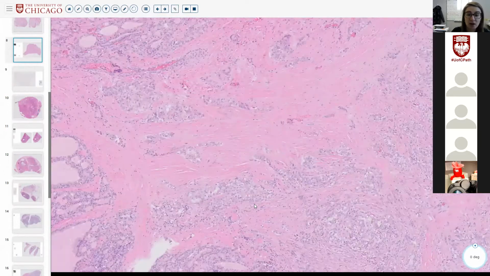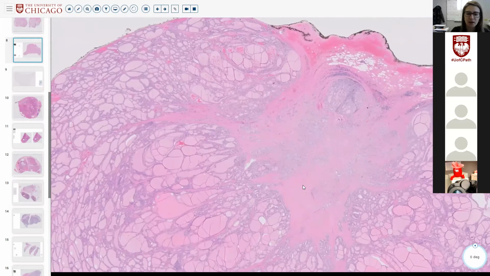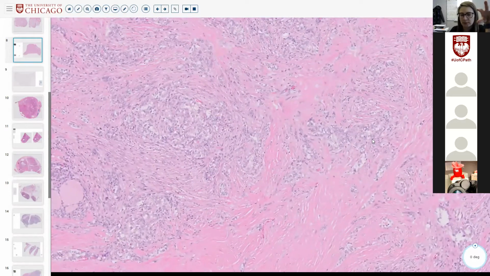If you have a real scar of thyroid that's not PTC, usually it's more collagenous at the center, and when it spindles or fingers out at the edges, you see a little bit of atypia at those edges around the scar, but there's not this much cellularity in it, right? So this cellularity in the scar is worrisome.